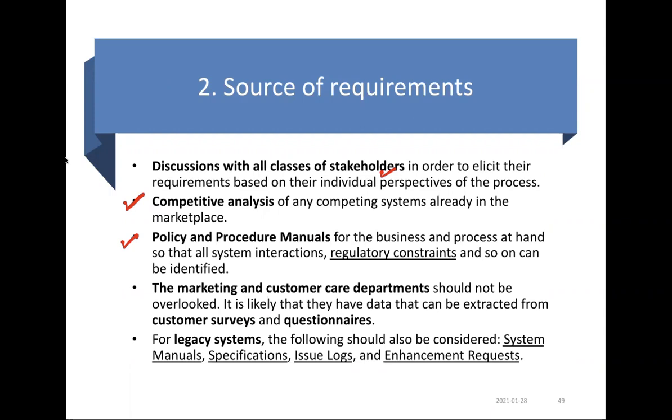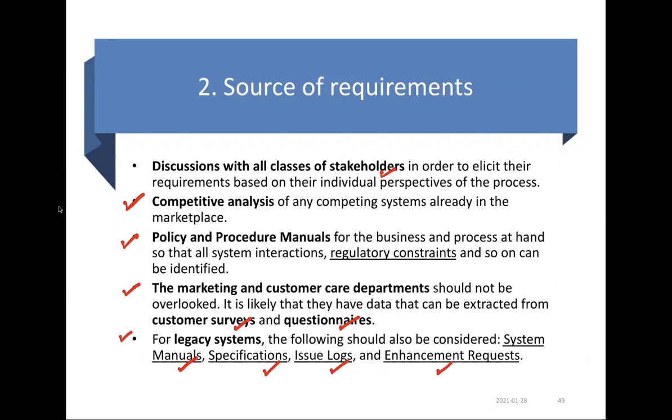Also, we might gather information related to the requirements from the marketing and customer care department. This could be extracted using either customer surveys or questionnaires. Also, we could have requirements selected from legacy systems, especially if we have system manuals, specification documents, issue logs, and enhancement requests.